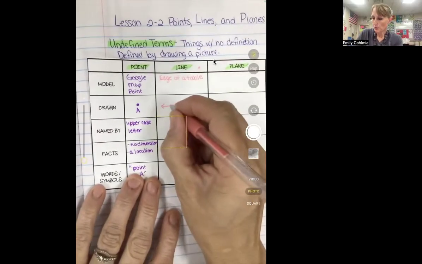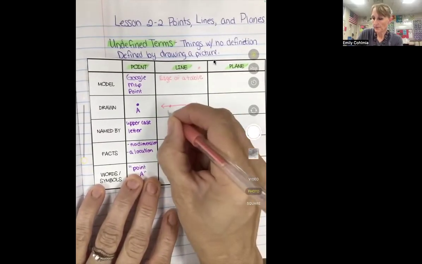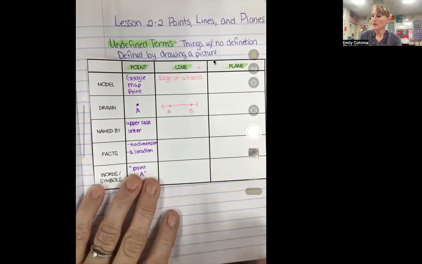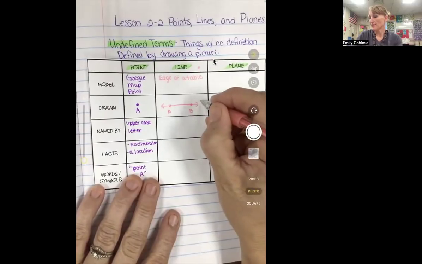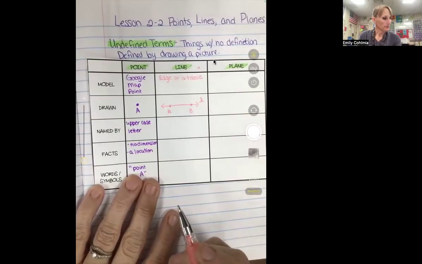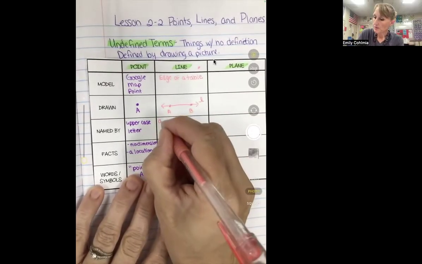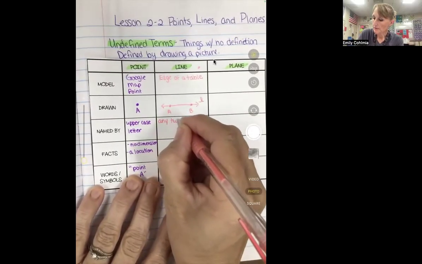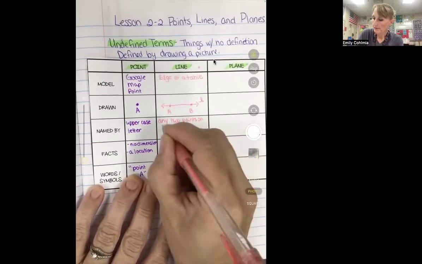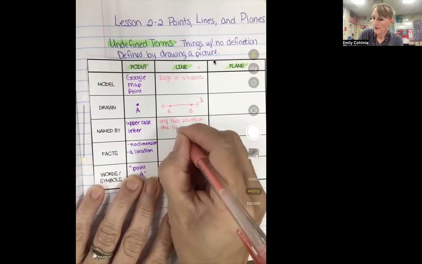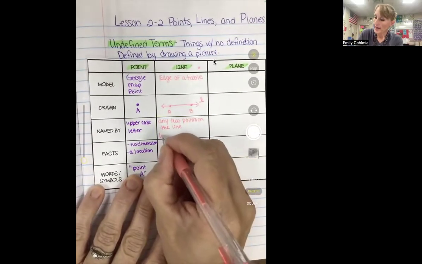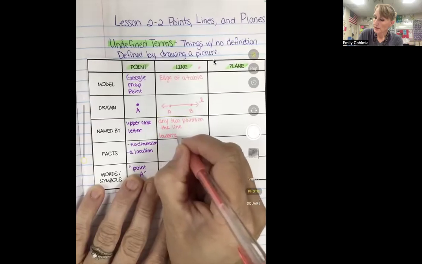You have to have 2 points on a line to define it. So it has to have at least 2 points. It may also have a script letter naming it as well. So it is named by any 2 points on the line. It can also be named by a lowercase script letter.